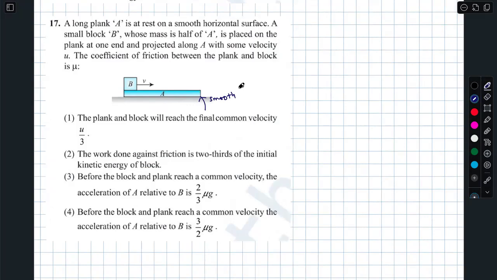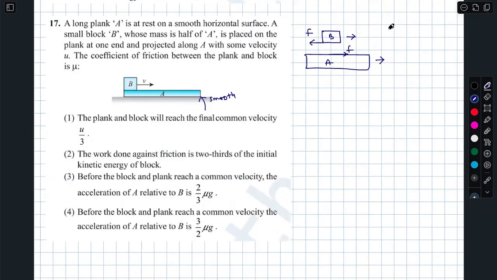See, they will attain some common velocity. Why? Because see what is happening over here. B, you have projected in this direction. B will experience a frictional force. Similarly, A will experience a frictional force and it starts to move.